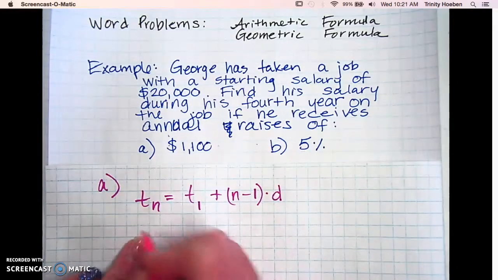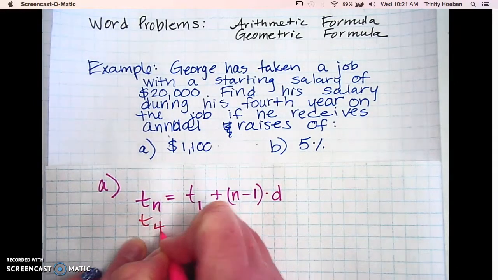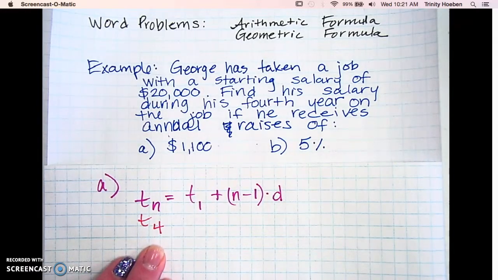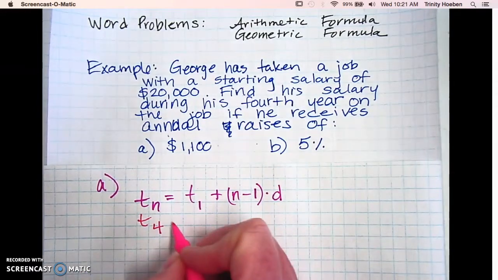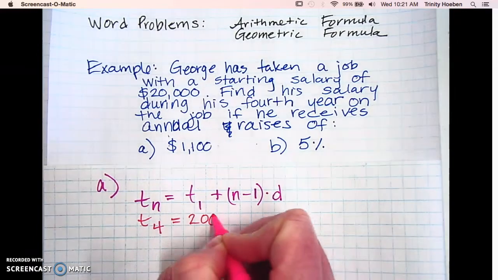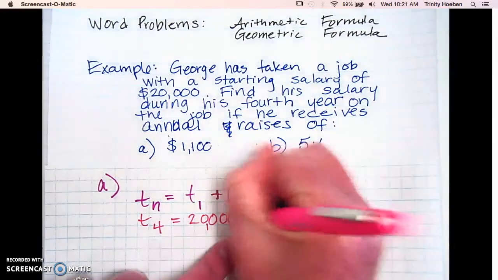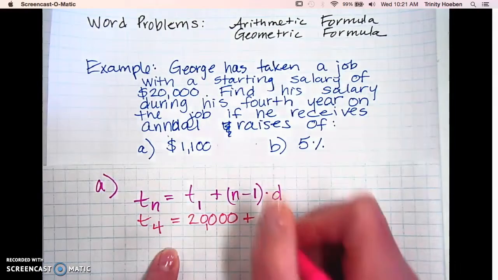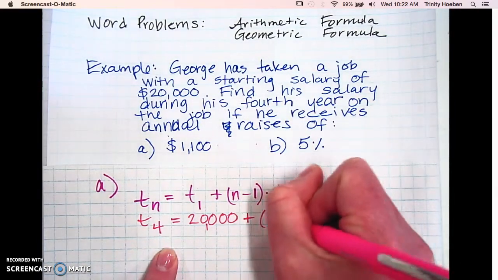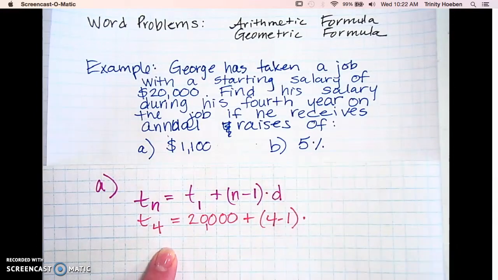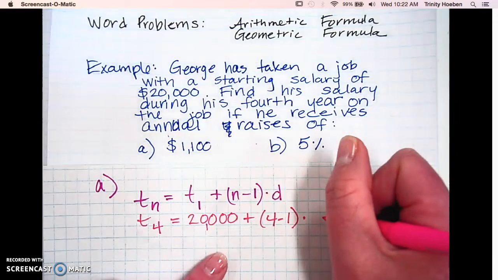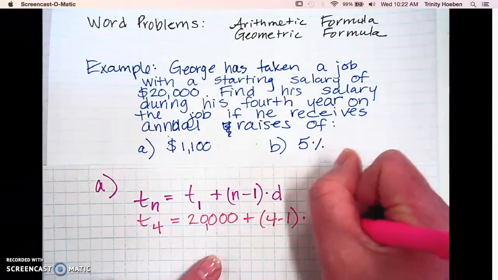So we want the 4th year, so we're going to fill in a 4 there. His first year is $20,000 plus n minus 1. So in this case, n is 4, so 4 minus 1 times the, what, 1,100?